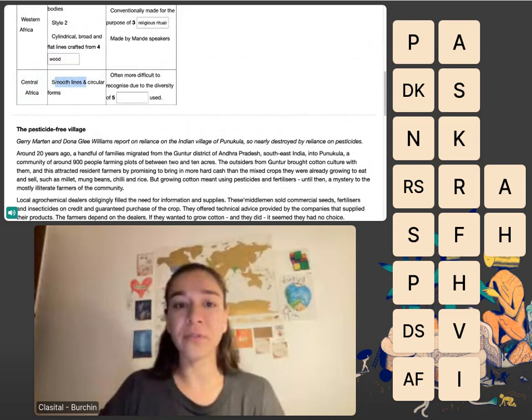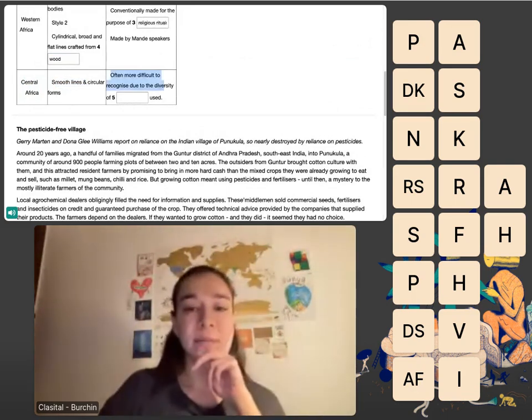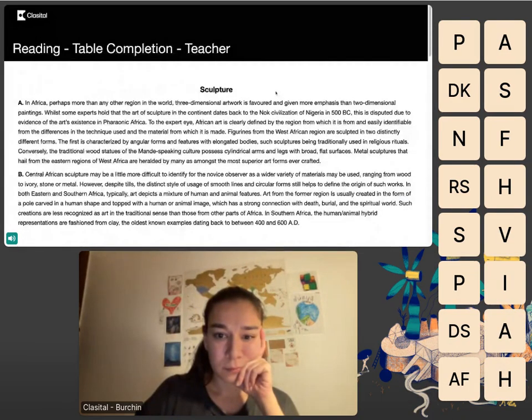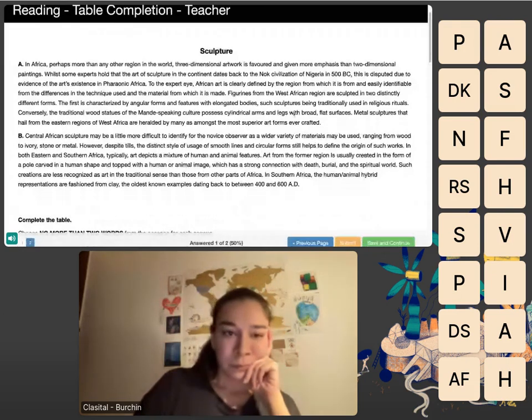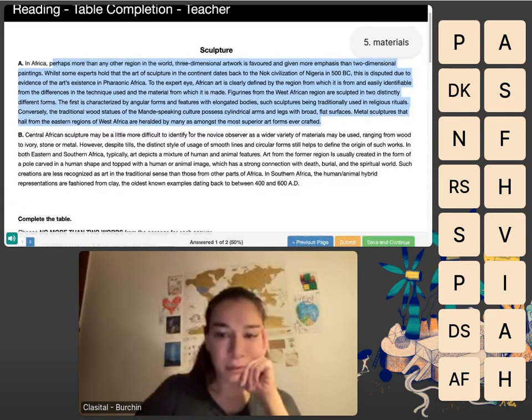Smooth lines, circular forms, often more difficult to recognize due to the diversity of something used. Why can't I see it?